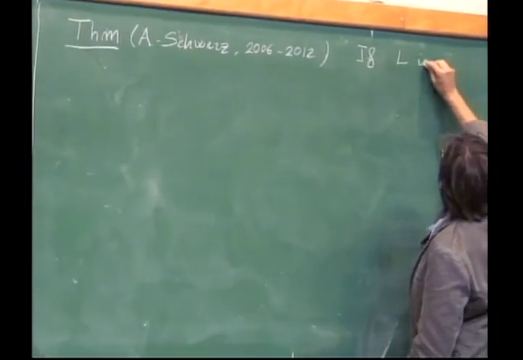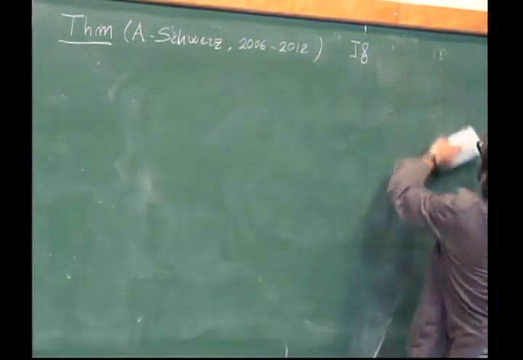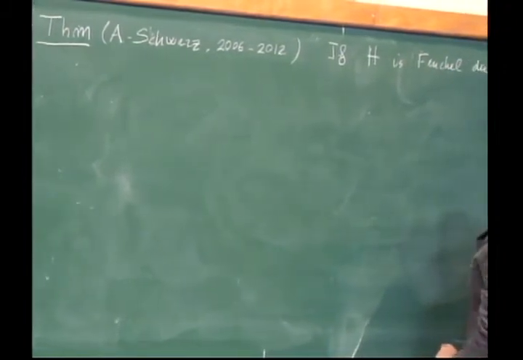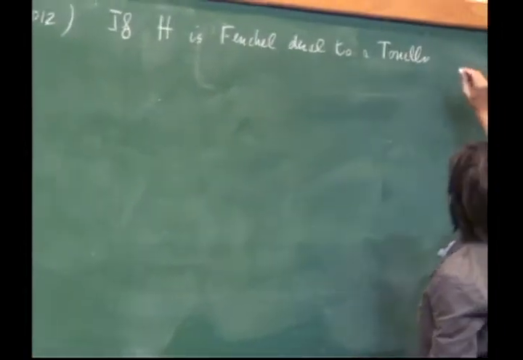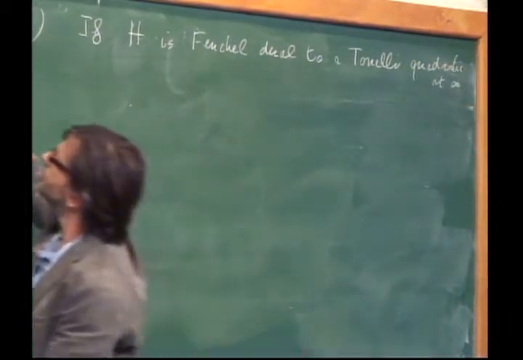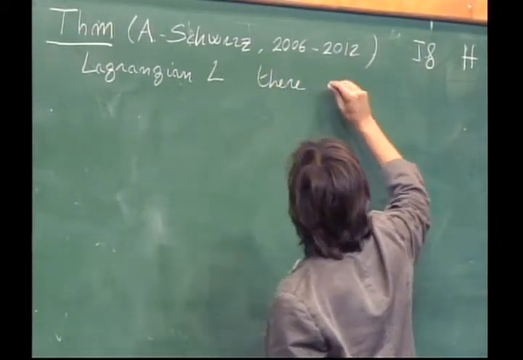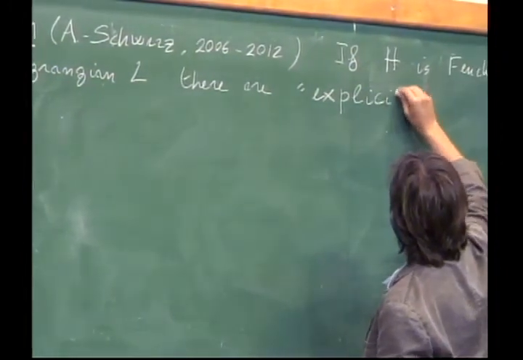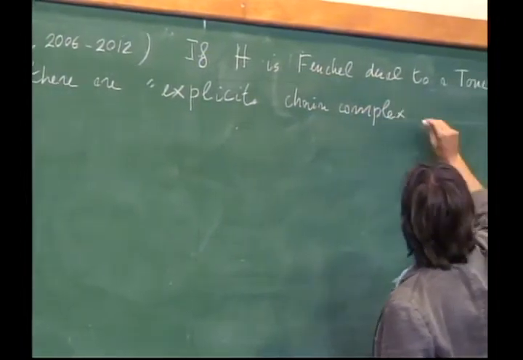It says just that if H is Fenchel dual to a Tonelli and quadratic at infinity Lagrangian L, then there are explicit chain complex isomorphisms, and I will clarify what explicit means.